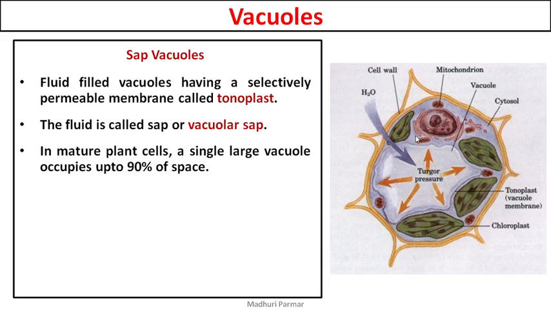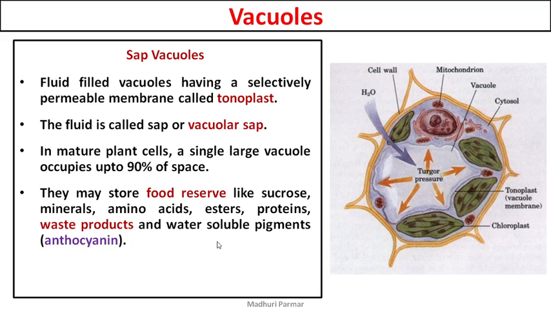So when you look at plant cells, you can find these large organelles or large spaces which seem empty. They are nothing but vacuoles. Now, what do these sap vacuoles do? They may store food like sucrose, then different mineral ions, amino acids, esters, proteins, but they also store waste products.